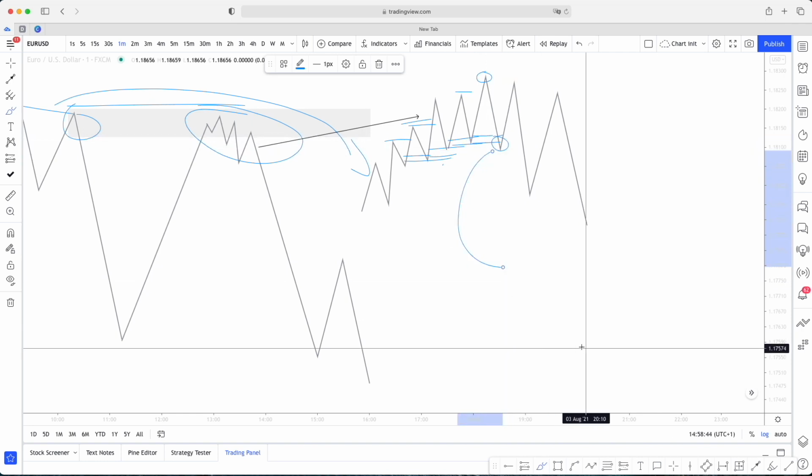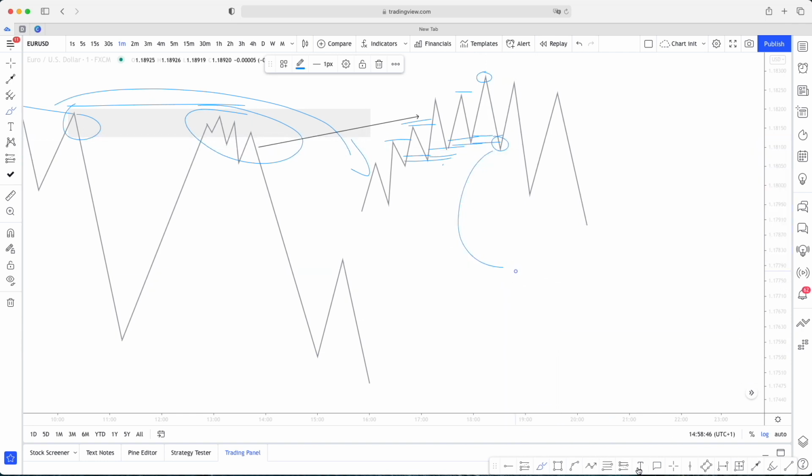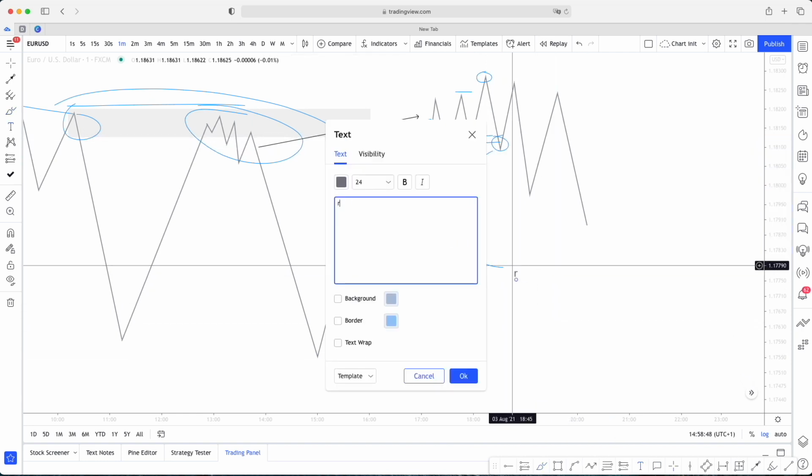This is our rule 1, that's rule 1, which is also intent. So what does intent mean? Intent is bearish order flow intent, as well as bearish structure intent.